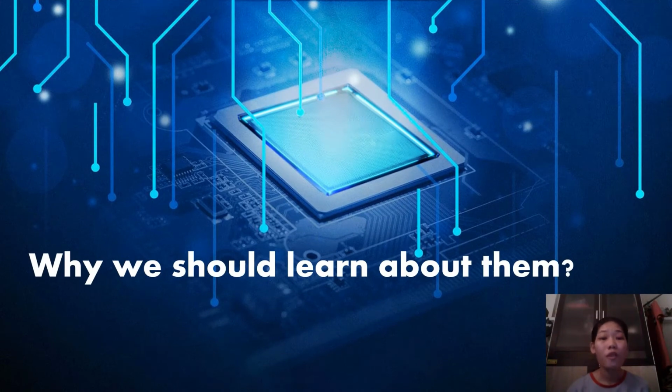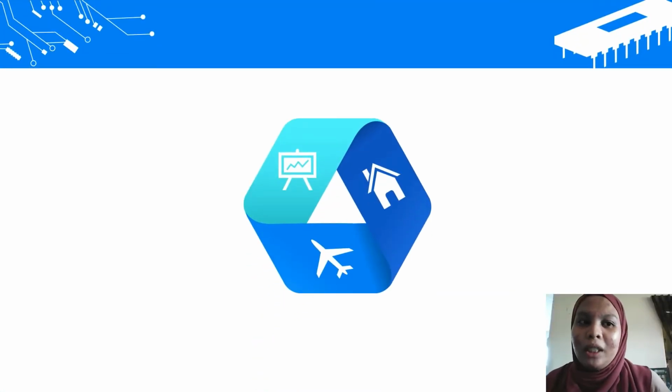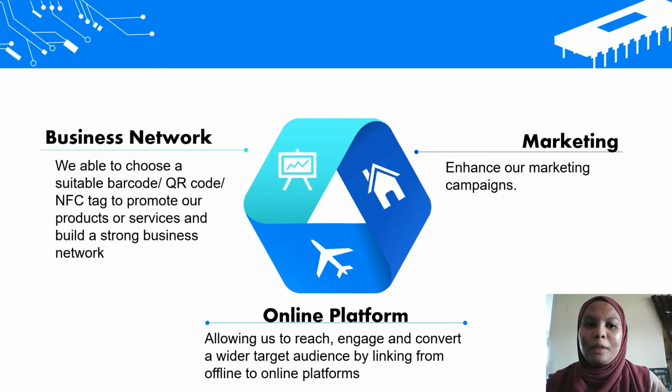Why should we learn about them? So this is the reason why. For marketing, online platform, and business network. For marketing, we can enhance our marketing campaign on online platforms, allowing us to reach, engage, and convert the target audience by linking from offline to online platform.